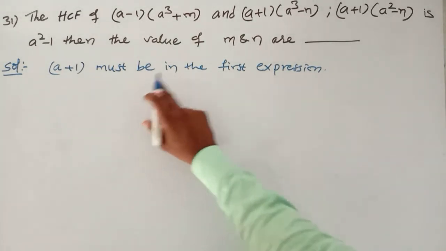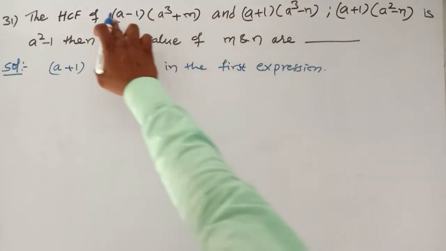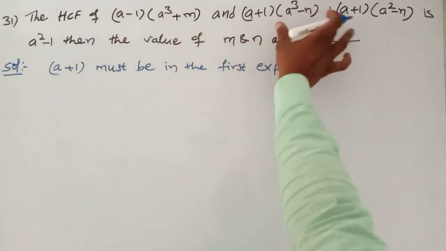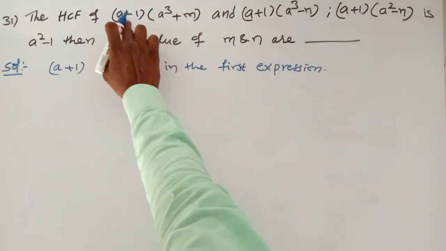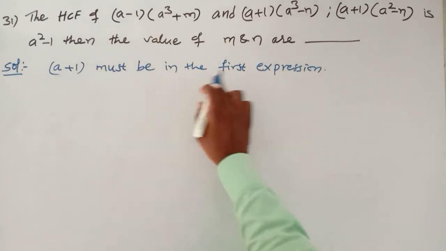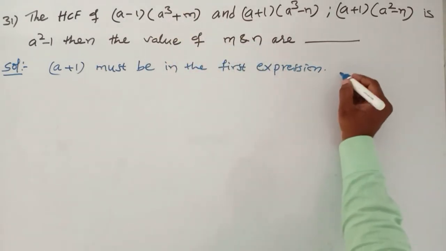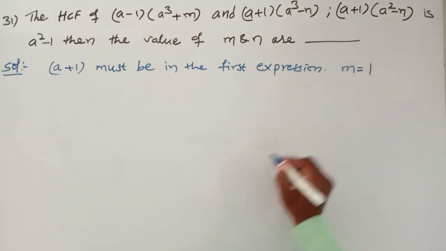Because a plus 1 is there in the second and third expressions, but not in the first. HCF means common factors, so I think a plus 1 must be in the first expression. If a plus 1 is there, then m is equal to 1.